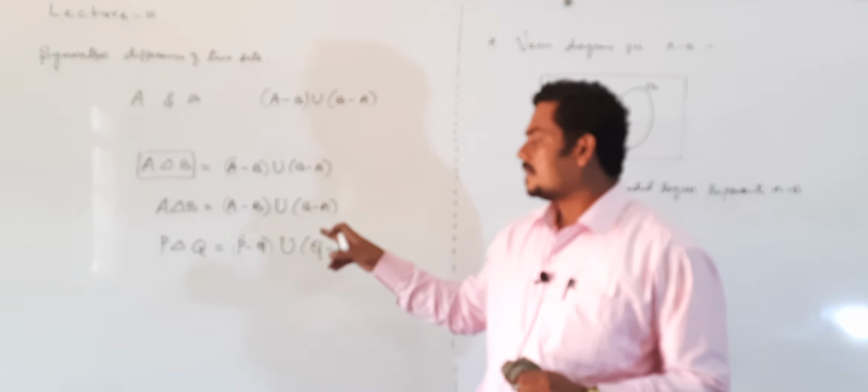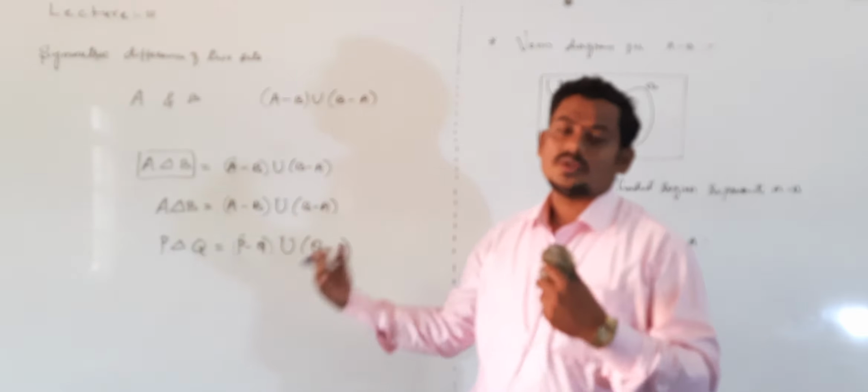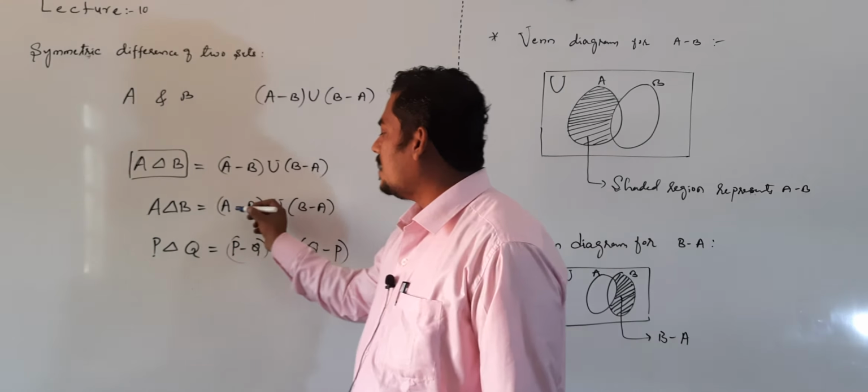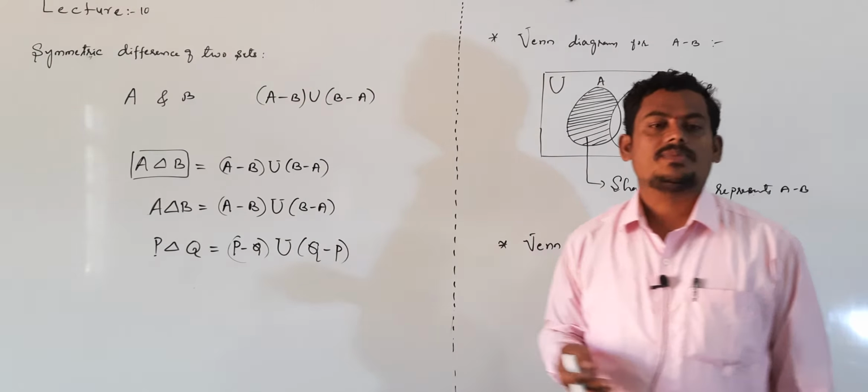It represents P minus Q union Q minus P. Symmetric difference of A and B is equal to A minus B union B minus A.